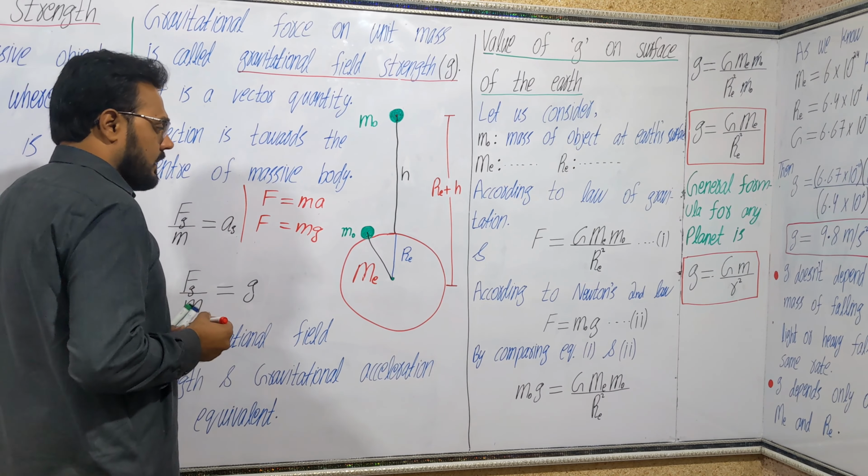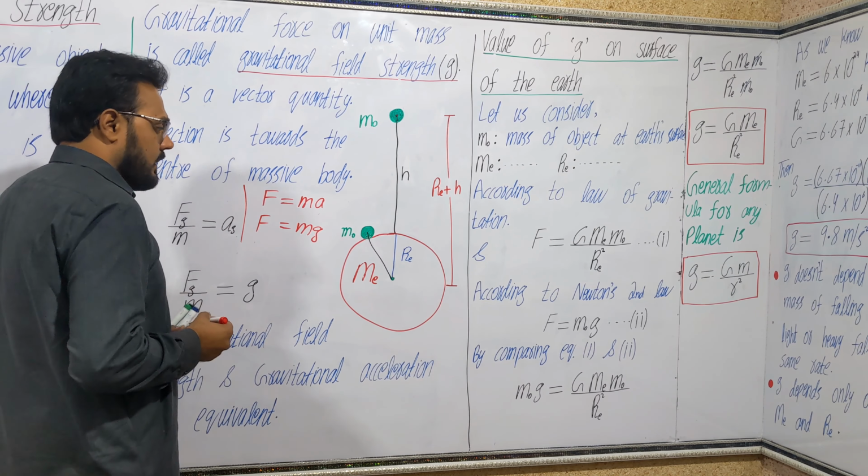Now, by comparing equation 1 and equation 2: the left side of equation 1 is F, and the left side of equation 2 is also F. Both are equal, so their right sides will also be equal.